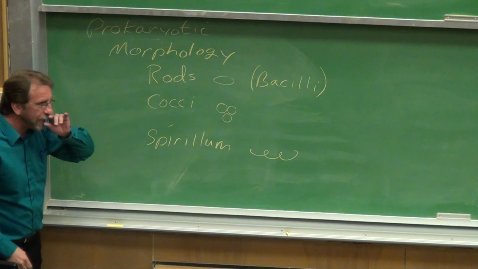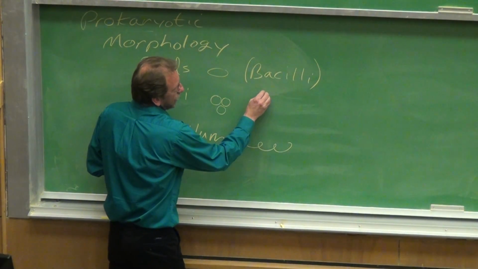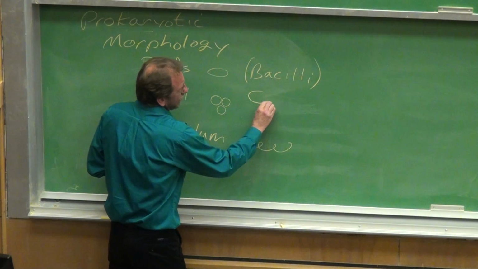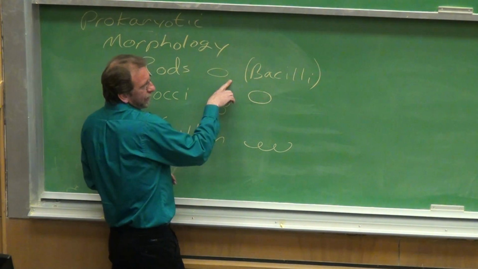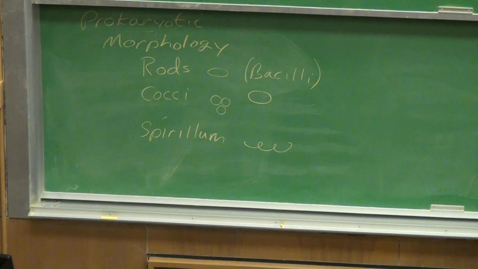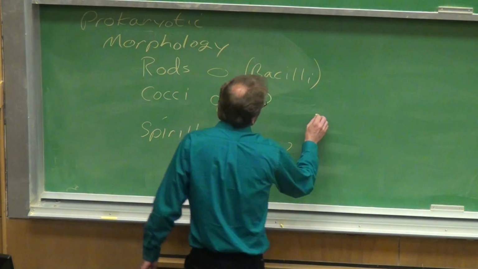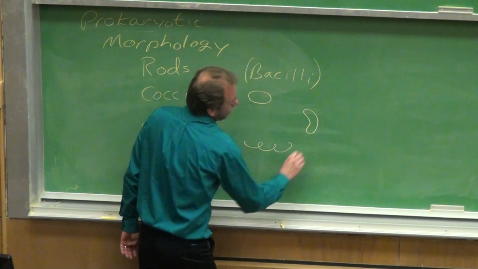Now you can have variations on these, where you can have some that are more kind of like a cocci, kind of like a rod. They refer to them as coccobacillus. You can have some that are curved rods, like this, that they would call vibrio.